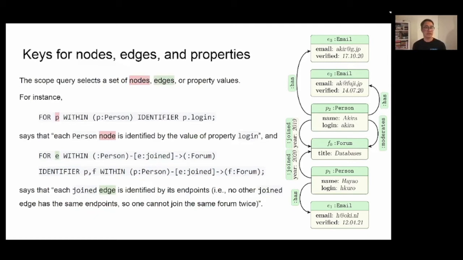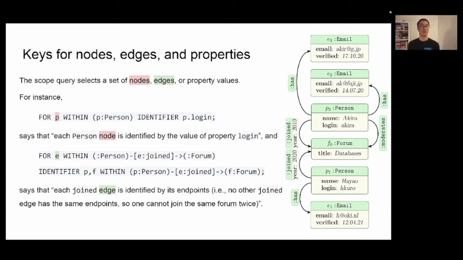Concerning the second design criteria, we'll illustrate how to specify key constraints on nodes and edges. So for example, as an example of a key constraint on node objects, each person node is identified by the value of their property login. And as an example of a key defined on an edge, suppose that we want each joined edge, so each edge object with the label joined, to be identified by its endpoints.